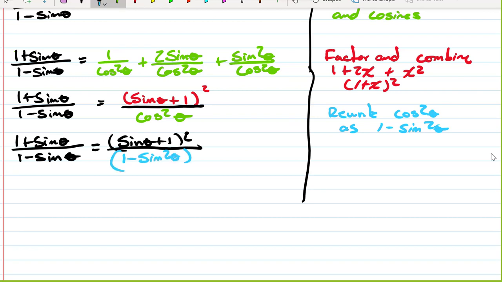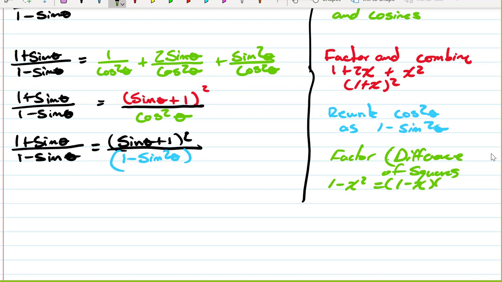Now finally, this is a difference of squares. 1 minus x squared factors into 1 minus x times 1 plus x.